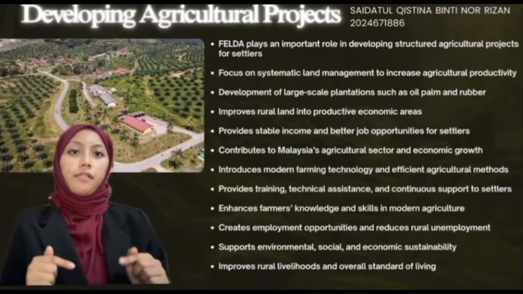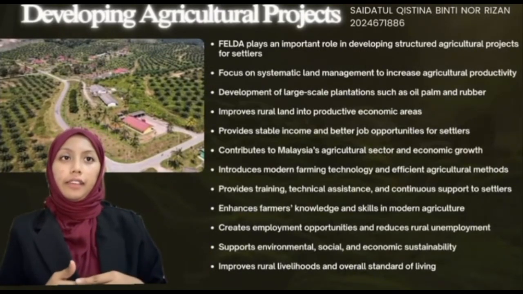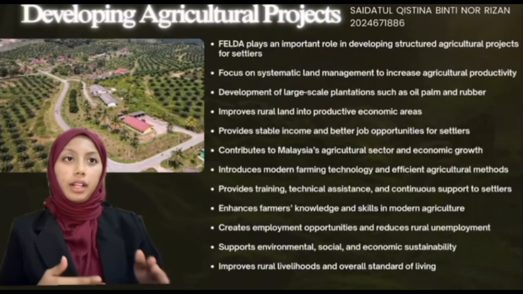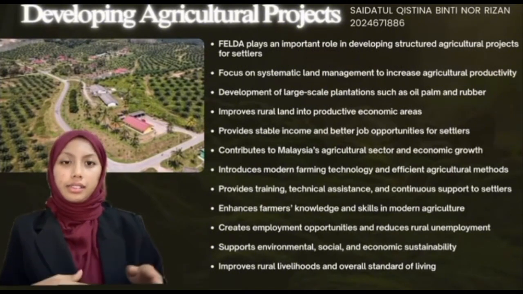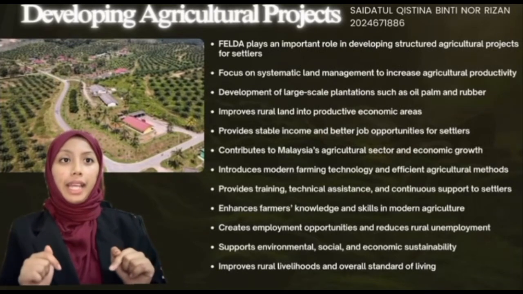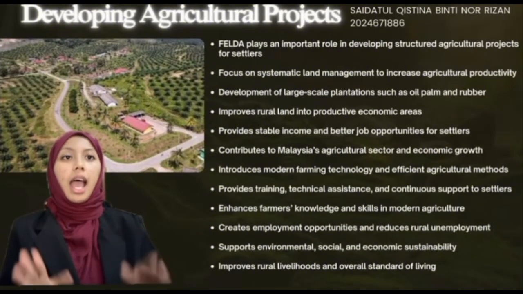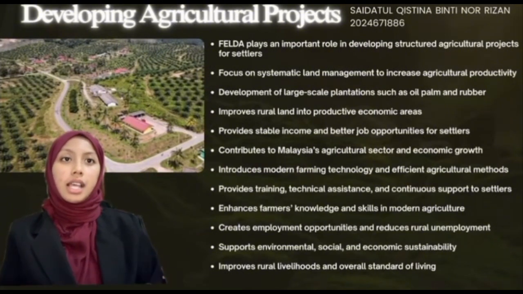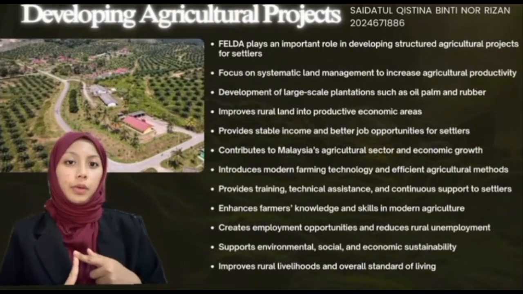Next is developing agricultural projects. The Federal Land Development Authority, or Felda, plays an important role in developing structured agricultural projects for settlers. It focuses on proper planning and management of agricultural activities, especially in rural areas, to increase productivity and improve rural livelihoods.